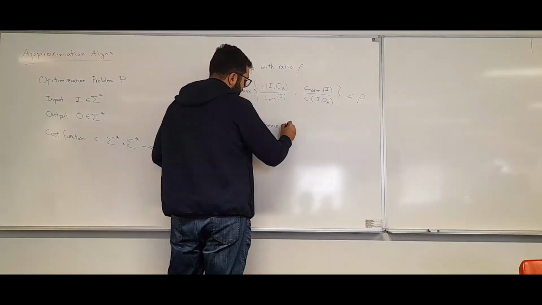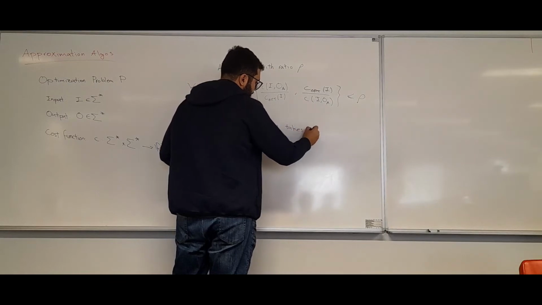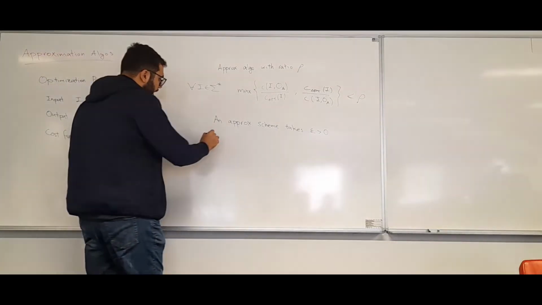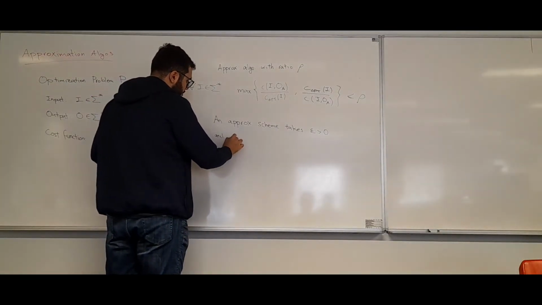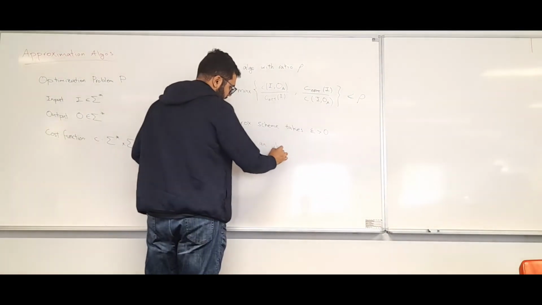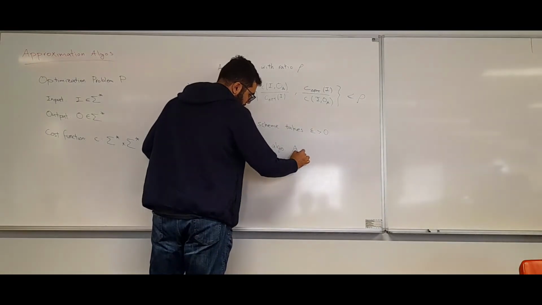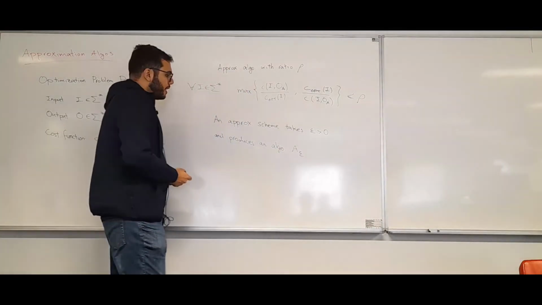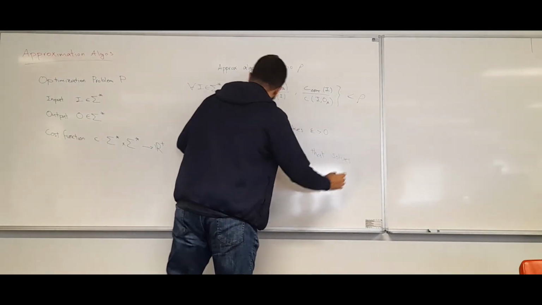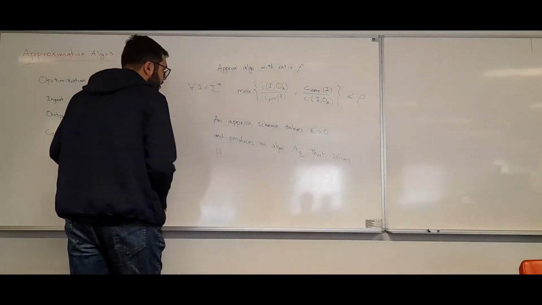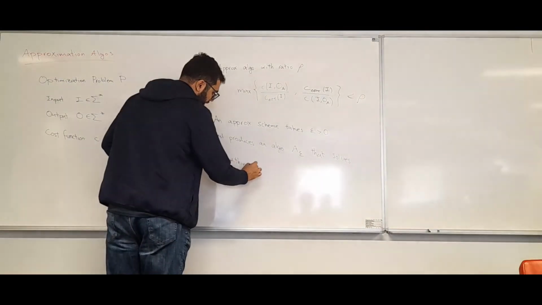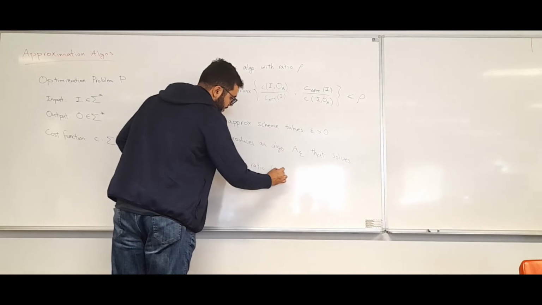The approximation scheme takes some precision epsilon, which is greater than 0, and produces an algorithm, let's call that algorithm A epsilon, that solves my problem, which was called P, within an approximation ratio of at most 1 plus epsilon.